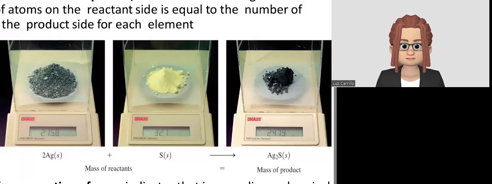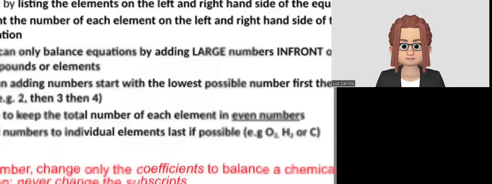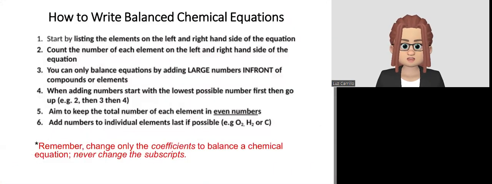When it comes to writing balanced chemical reactions, let's understand that there are some guidelines that need to be followed in order to write a balanced chemical reaction.